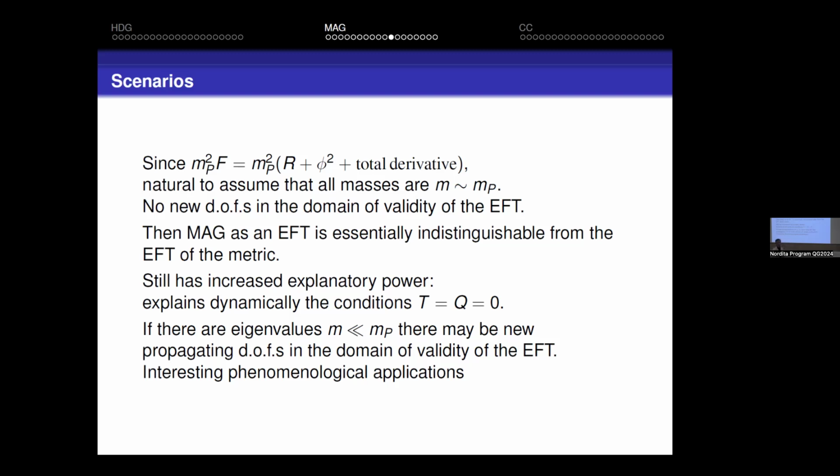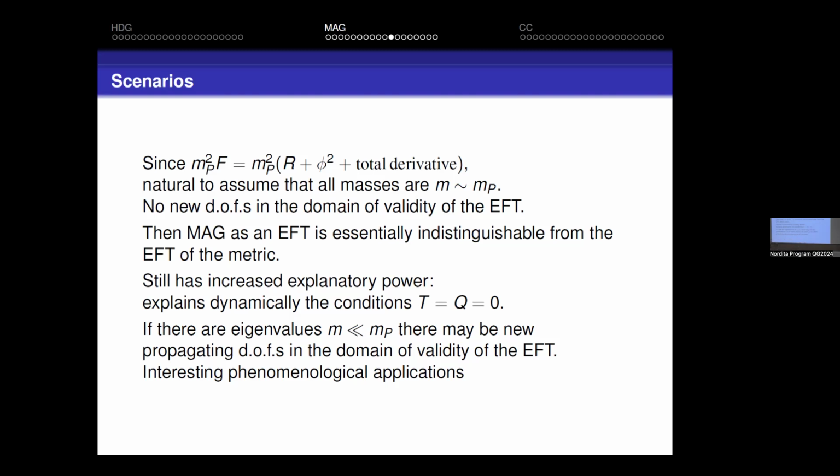But I would argue that this still has a little bit more explanatory power than just the theory of the metric, because it gives us a dynamical explanation of the reason why at low energy torsion and non-metricity are zero. It explains it rather than being something that you postulate as in textbooks.